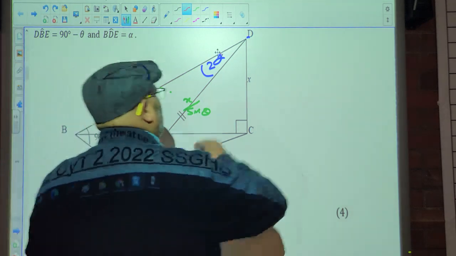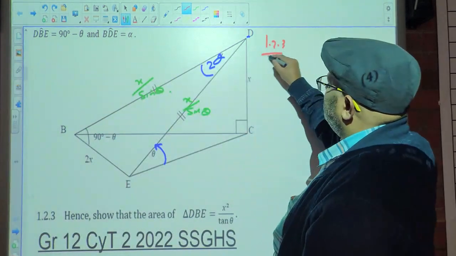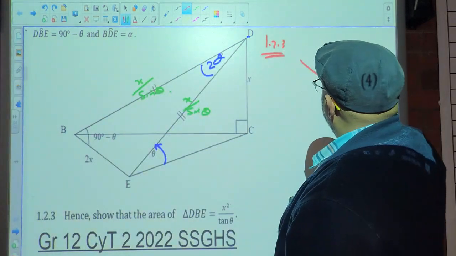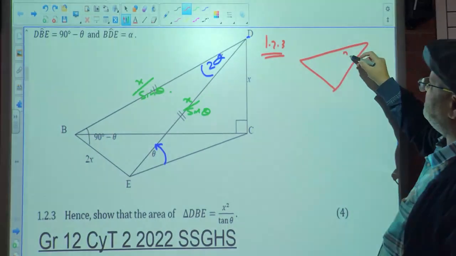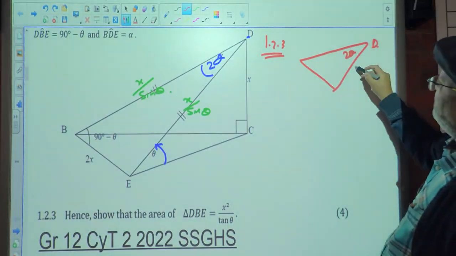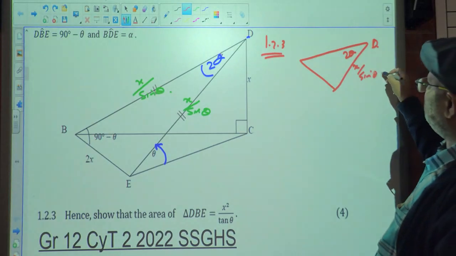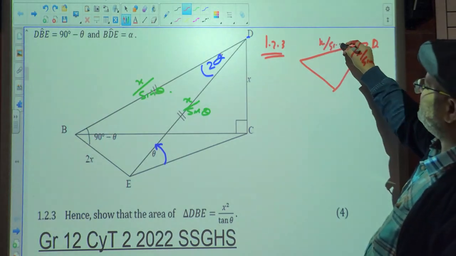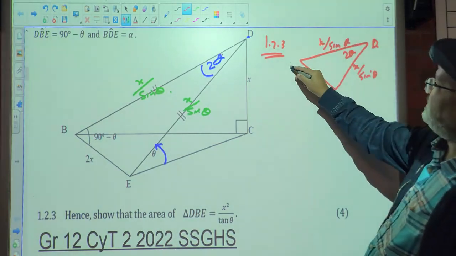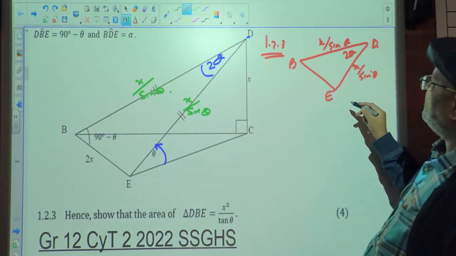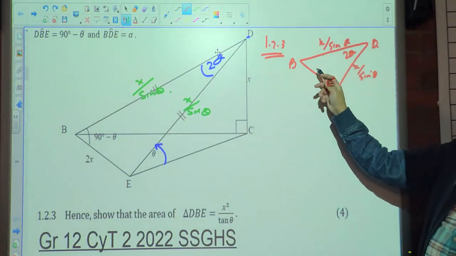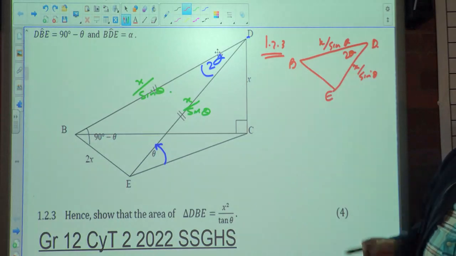So 1.2.3. The triangle looks again like that. There's going to be 2 theta there, so it's D, this is x over sine theta, same x over sine theta, and this was B, E. Those are the two lengths that include the angle. I could have written 90 minus theta as well, if I like.